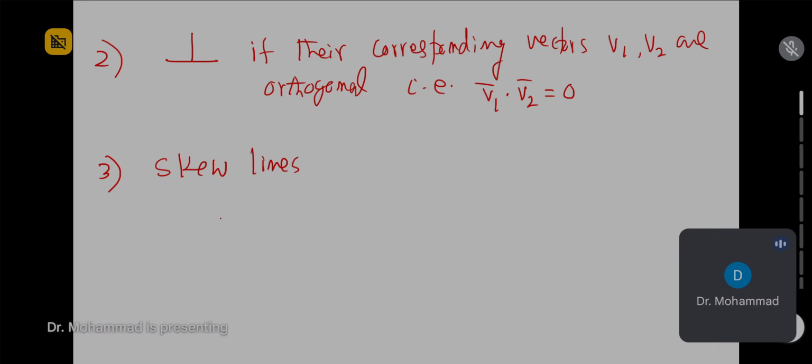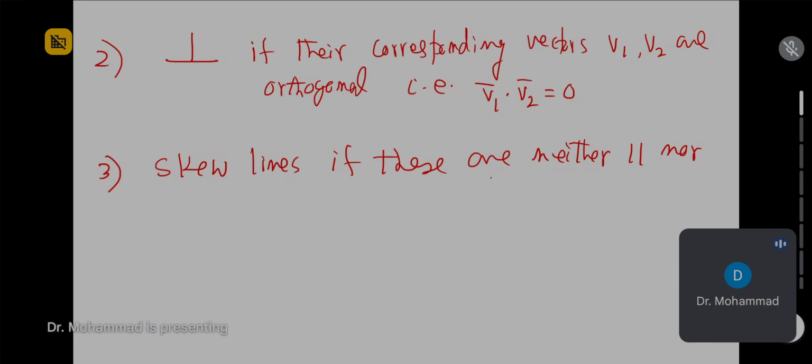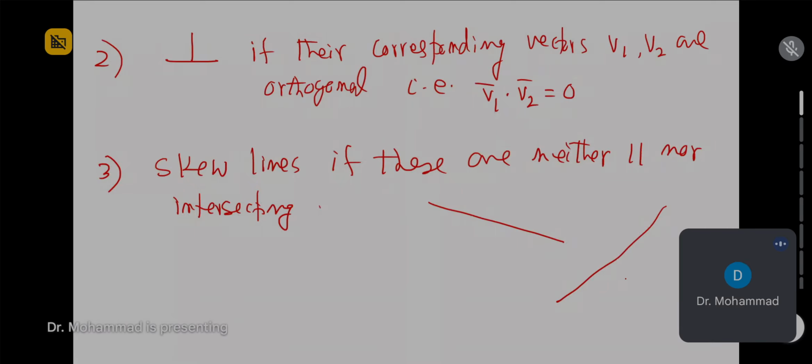Skew lines are neither parallel nor intersecting. What does it mean? Maybe lines like this, for example. This is a skew line. You see there is no intersection between them, and the lines are not parallel. So we can say this situation is skew.